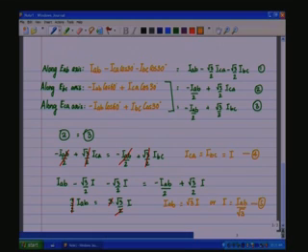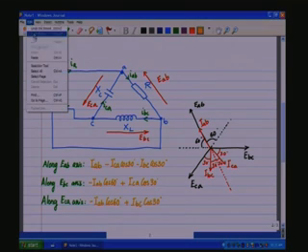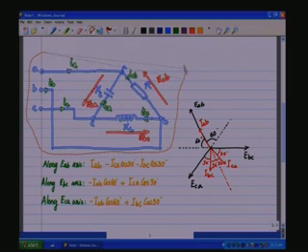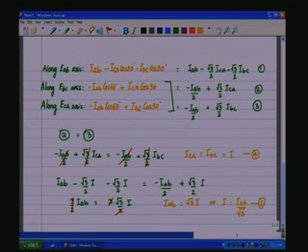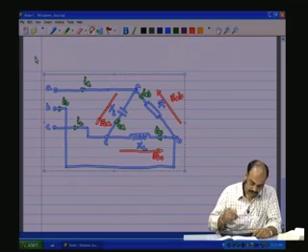Now, using this, what can we gain? If we go back here, let us try to find what the values of the capacitive reactance and the inductive reactance should be. Copy, paste.